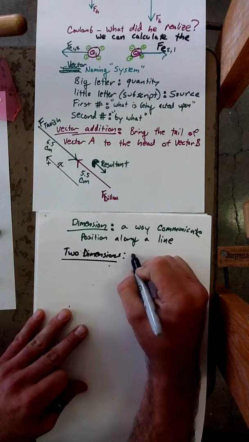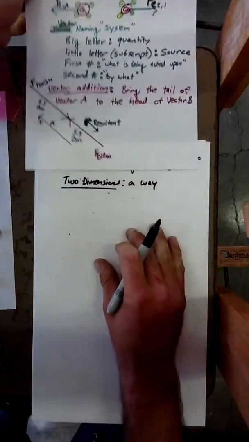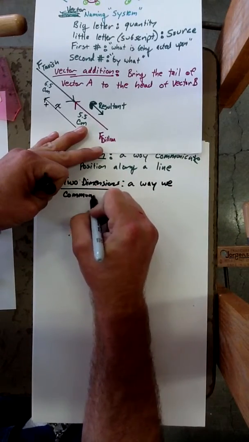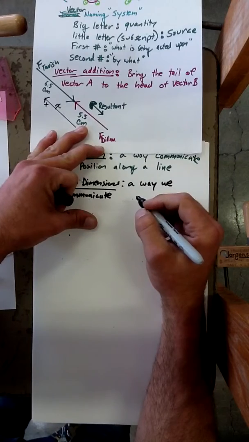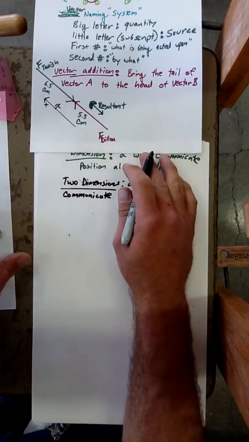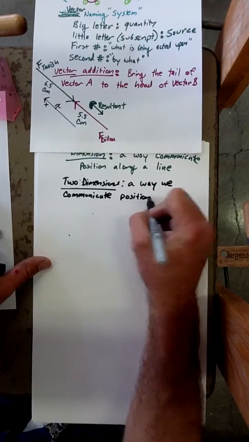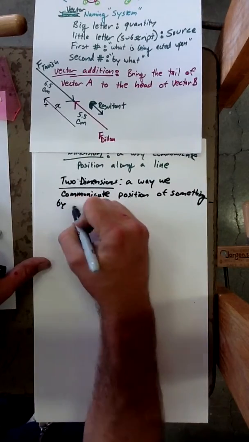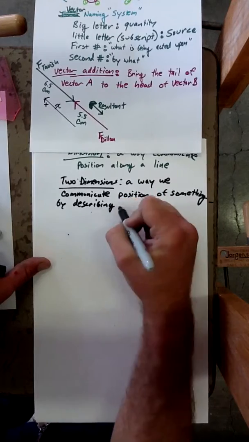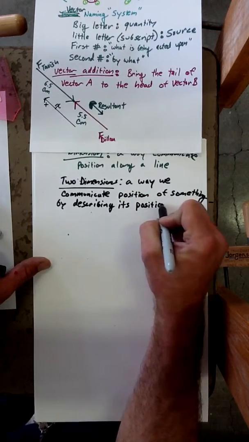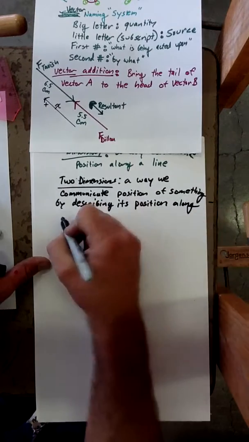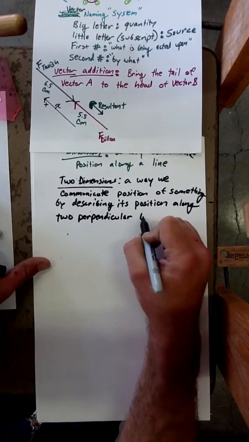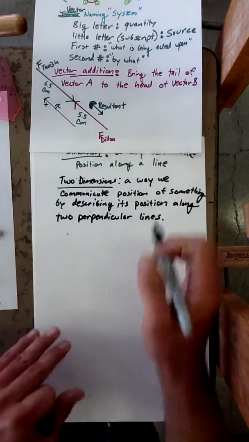2 dimensions of something along 2 perpendicular lines.